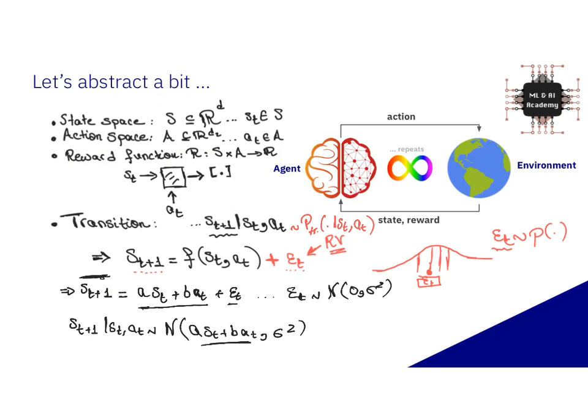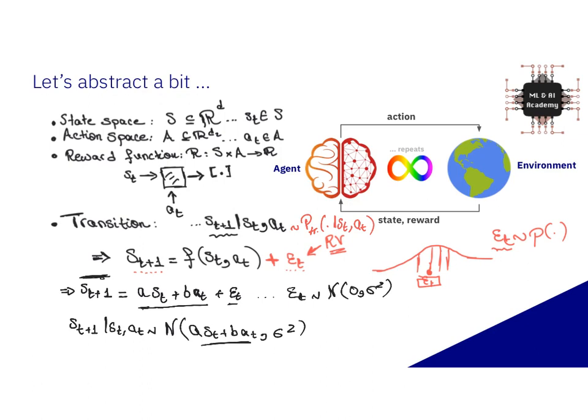So that means that anytime you are at the state st and you apply an action at, your successor state is Gaussian distributed with that mean and that variance.